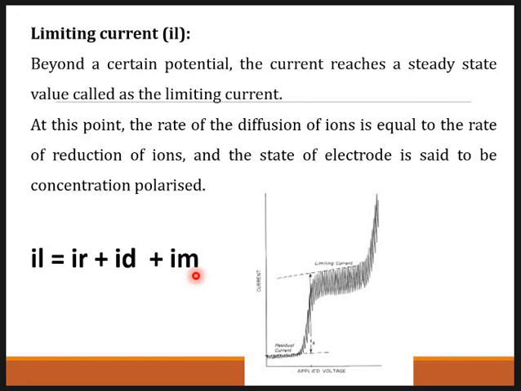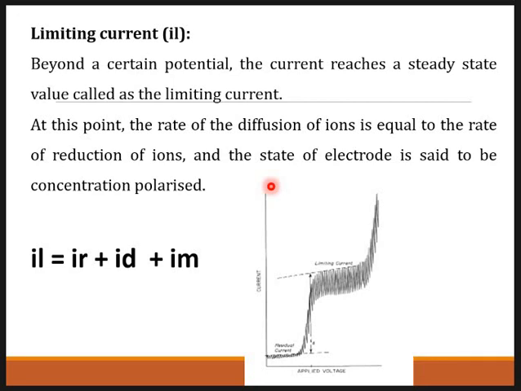It also influences the limiting current, so it must be included in the limiting current. At the point of limiting current, the rate of diffusion of ions is equal to the rate of reduction of ions. That is, the electrode is said to be concentration polarized.